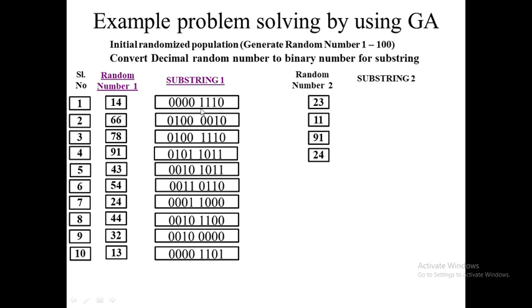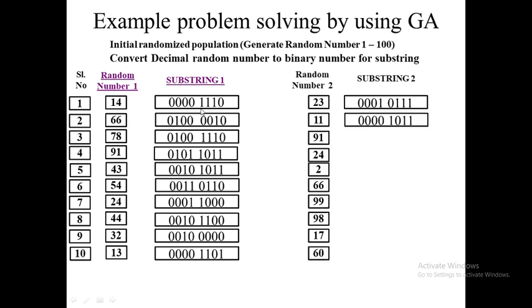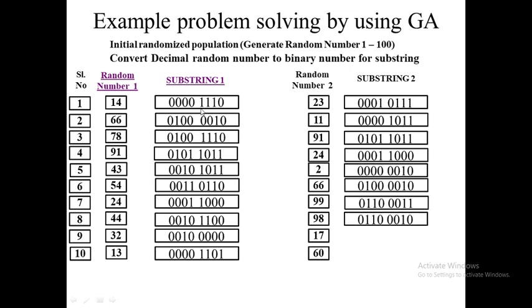Okay, similarly I choose random number 2, I convert that random number 2 into binary numbers with respect to your slide display. Okay, which is the first step available in the genetic algorithm. After this, I may go for finding x1 and x2. Okay, population initiation is generated with the random number, because it is a random selection process.